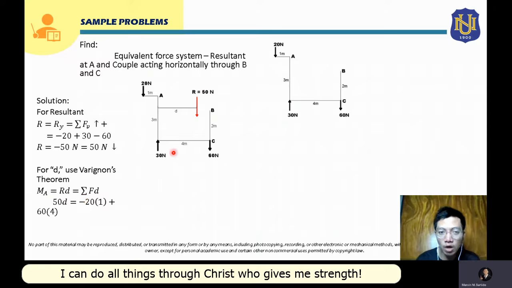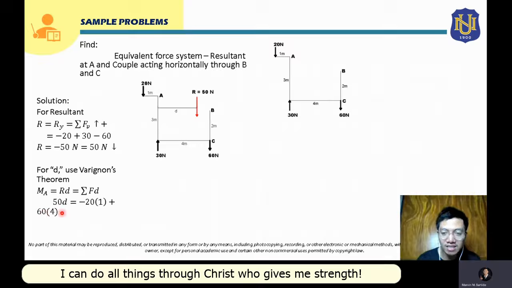Now for the moment of the component forces 20 Newton, 30 Newton, and 60 Newton. Let's take the moment of 20 Newton about point A. It will have a moment of 20 times 1, and it will have a counterclockwise rotation, that's why it will be negative here. For your 30 Newton force, since it passes through point A, there is no moment effect of 30 Newton about point A. Now for the 60 Newton force, it will have a moment of 60 Newton times the moment arm, which is 4 meters.